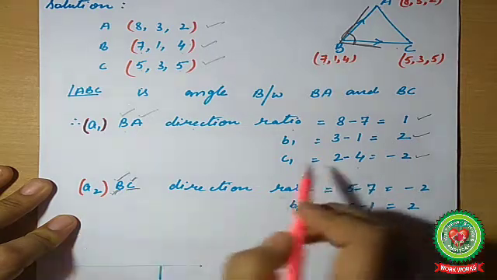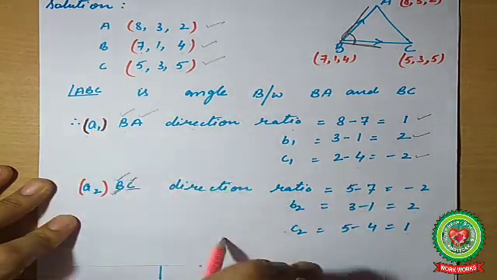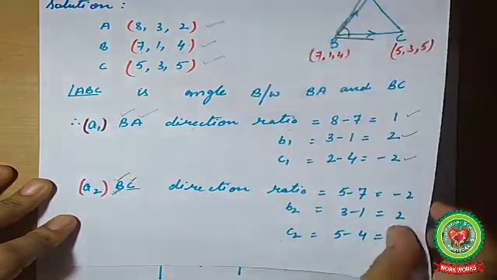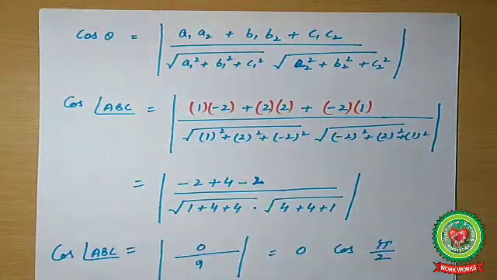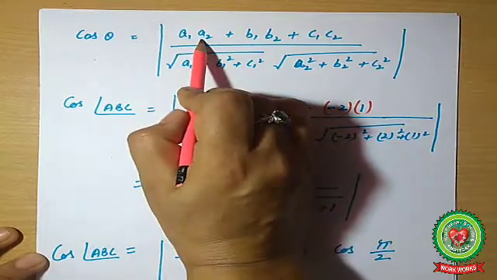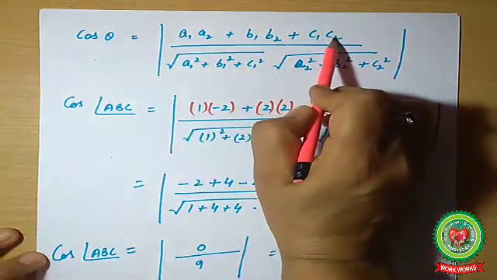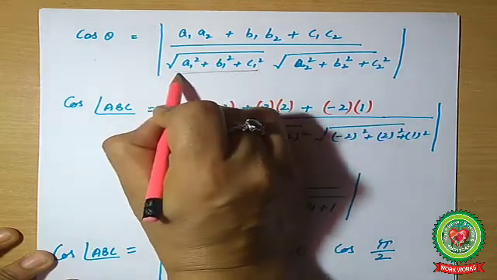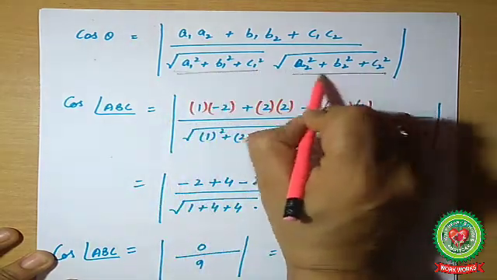Now we have the direction ratios of the two lines, BA and BC, so we can apply the formula. According to the formula, cos theta equals the modulus of a1 a2 plus b1 b2 plus c1 c2, divided by the magnitude of the direction ratio of the first line times that of the second line.